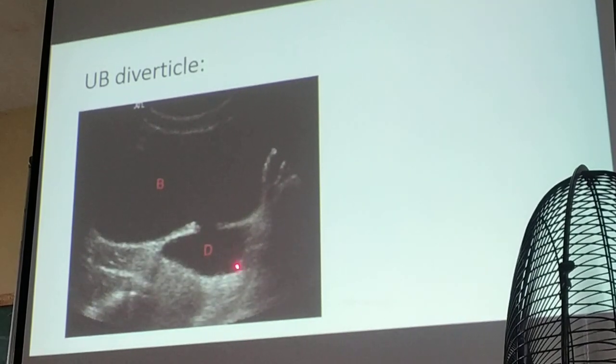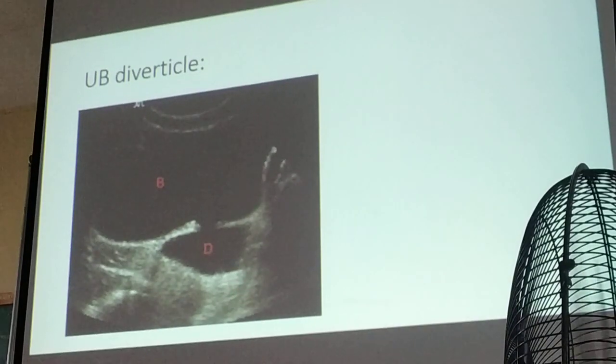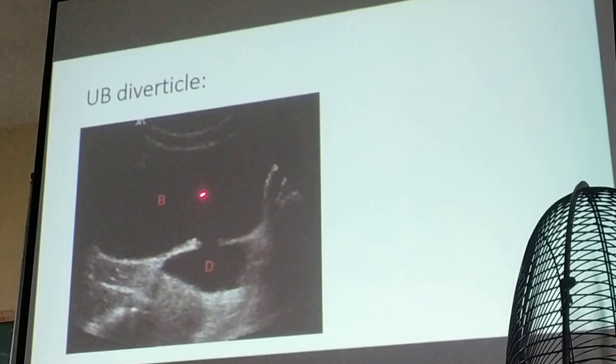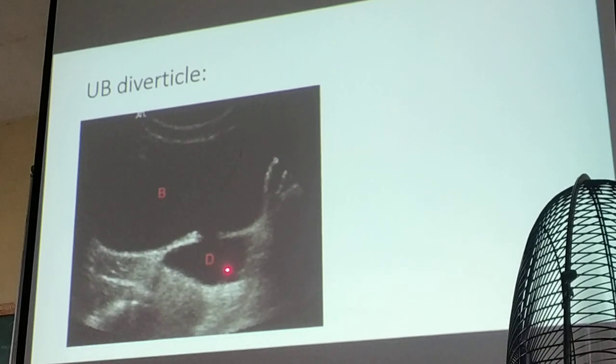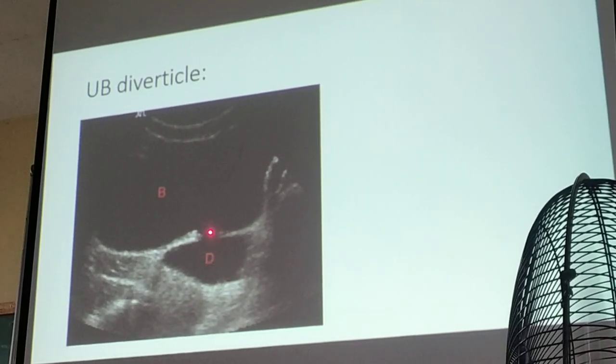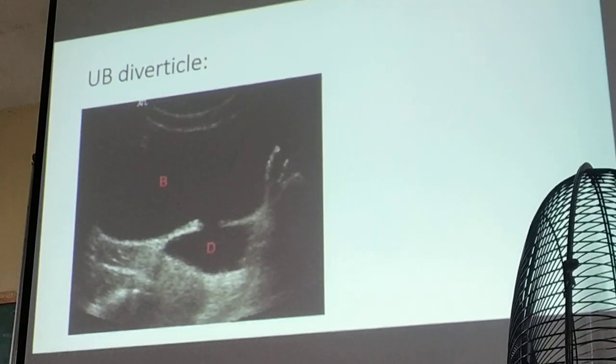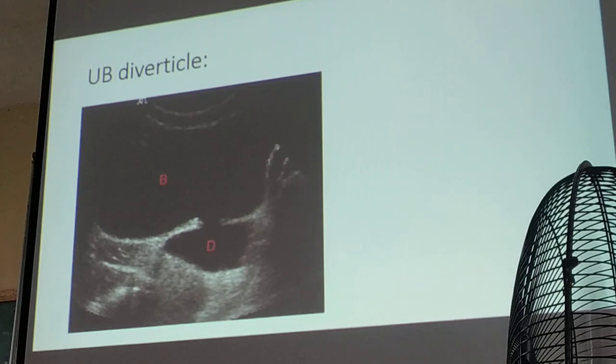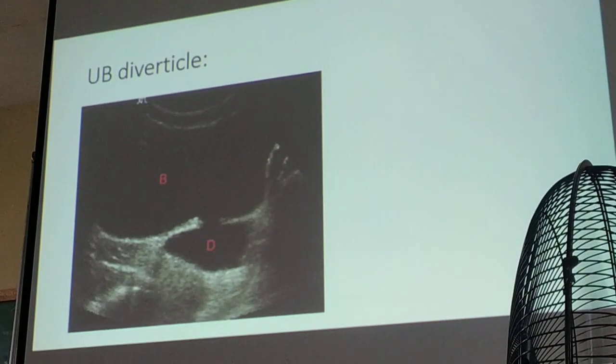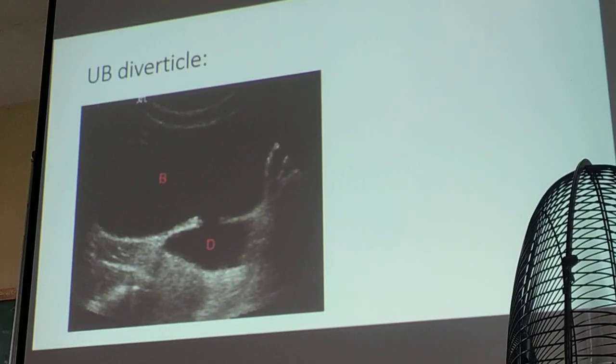You also have your diverticulum. Okay, if you would see the huge one and then there's an outpouching, you see the connection? That is your urinary bladder diverticulum. Okay, you study this, the urinary bladder diverticulum.